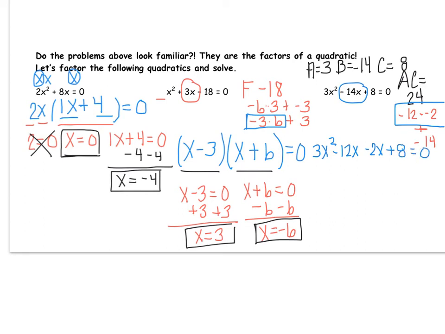Now remember, when we're factoring using the AC method, we cut it in half. We look for our greatest common factor on both sides. So on this left-hand side, greatest common factor of 3 and 12 is 3. I also need to take out an x. If I take out an x, I have an x here. 12 divided by 3 is 4.